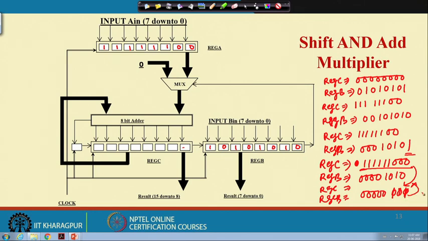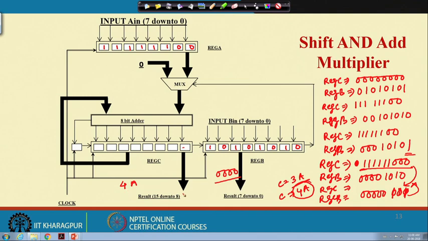Then again a 1 will come, so again I have to add this with A. So now register C will be 3 times A, and in this manner finally C will be 4A, and all these bits will be 0.